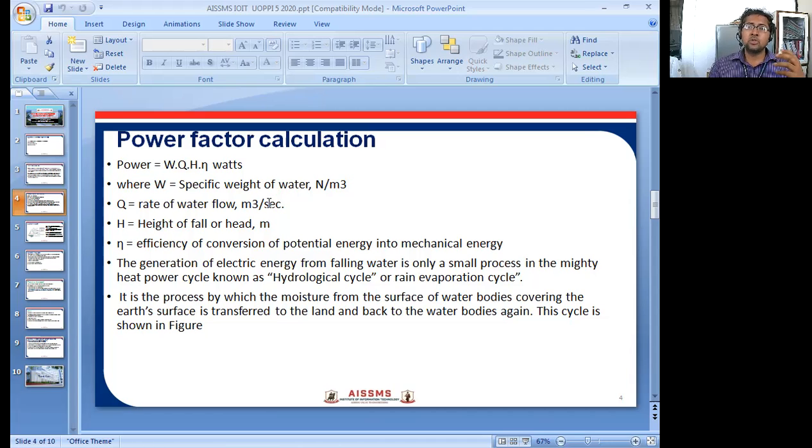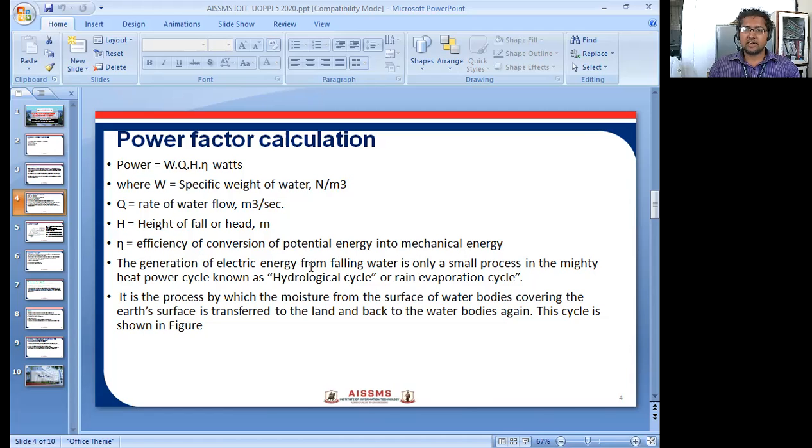Even from a storage point of view, if water from storage falls from a certain height, the specific weight of that water will vary. Q is the rate of water flow, so the speed will also vary, and that will depend on the rate of water flow. Similarly, the height of the fall may be small, medium or big. And the efficiency is the conversion of potential into mechanical energy, so how this energy is converted will be the efficiency.